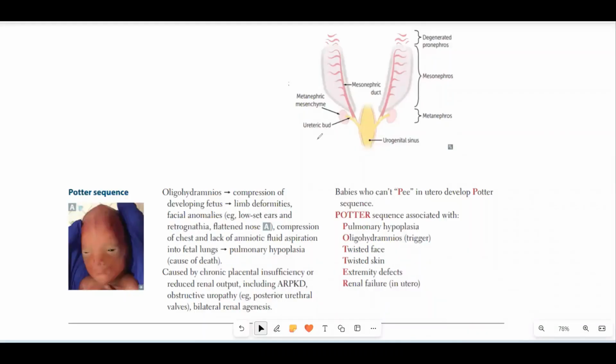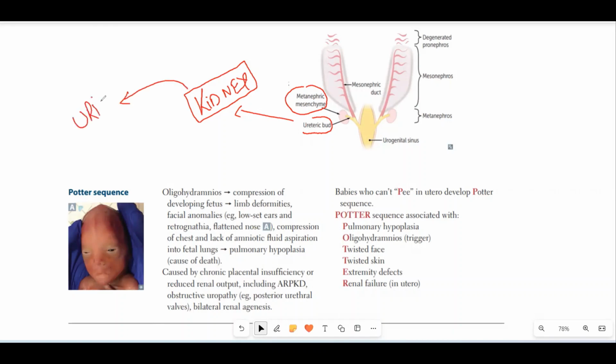As we already know, the interaction of the ureteric bud and the metanephric mesenchyme is important for the development of the permanent kidney. If the pathology lies in abnormal interaction of these two structures, the kidney is not developed, and the kidney is important for urine formation. The fetal urine is an important component of the amniotic fluid.